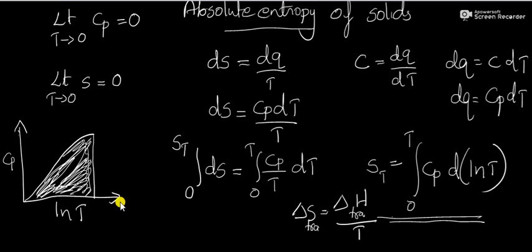If such a transition is involved, then the entropy change for that transition, delta S transition, is equal to delta H transition divided by T. This equation will also have to be considered in the calculation for the transition reactions.